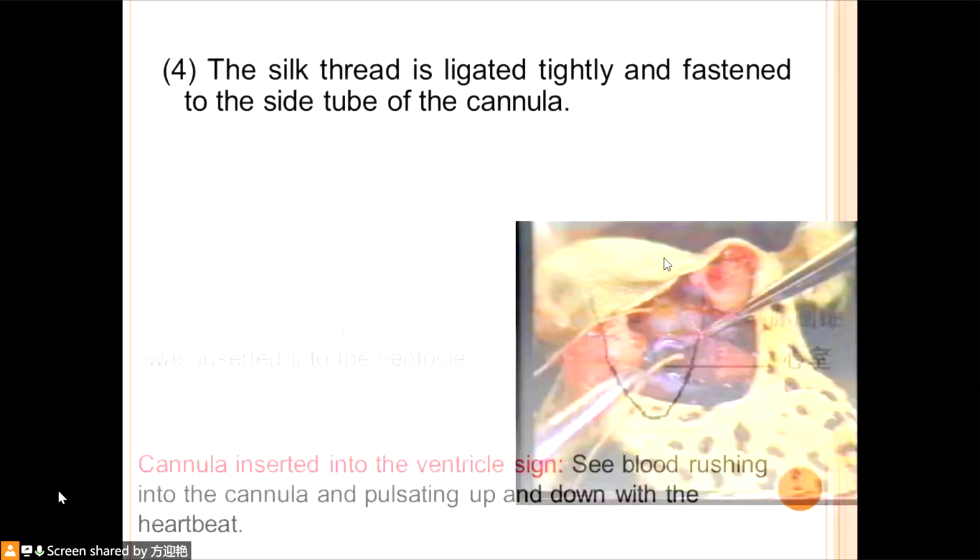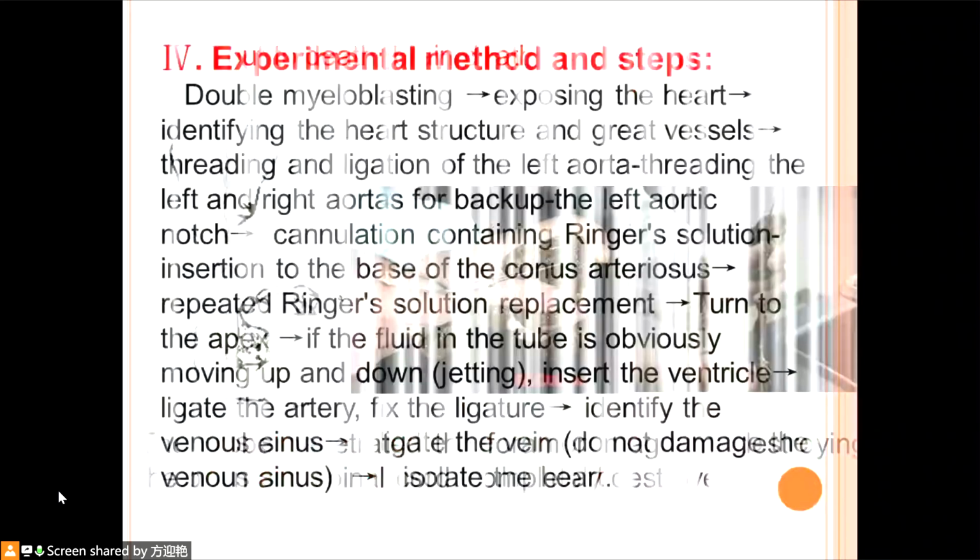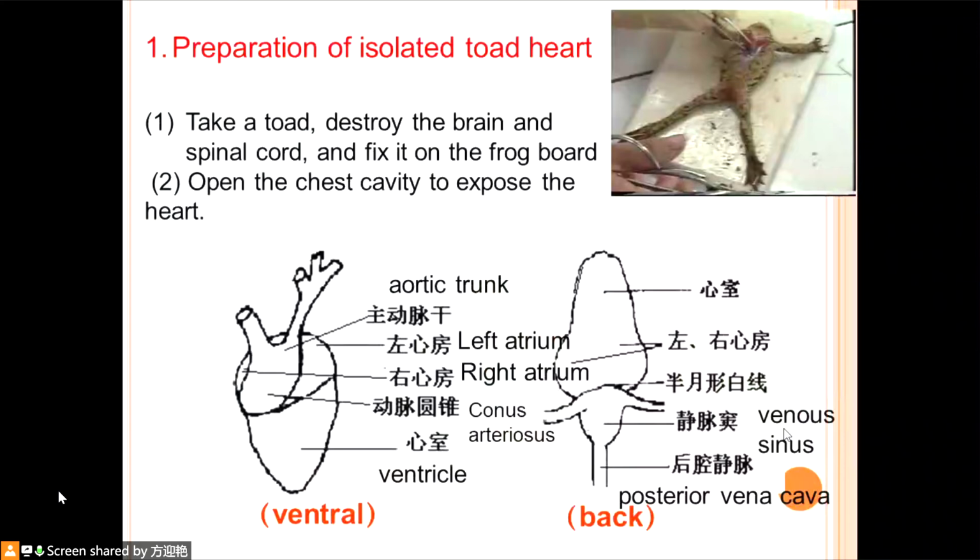There we should cut, and also cut this, and we can see that the apex of the heart can then be isolated. But we know that there are also the venous signals, and we should cut this, the posterior vena cava.